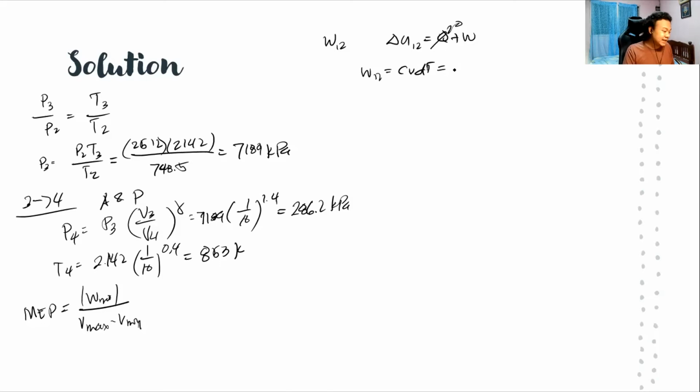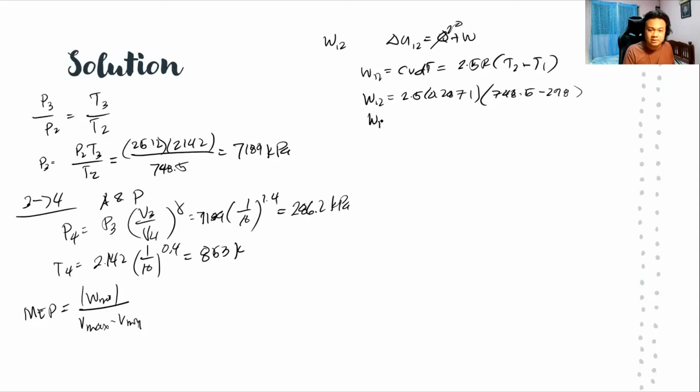So Cv delta T, we have 2.5 R and then T2 minus T1, so 2.5 times 0.2871 times 748.5 minus 298.